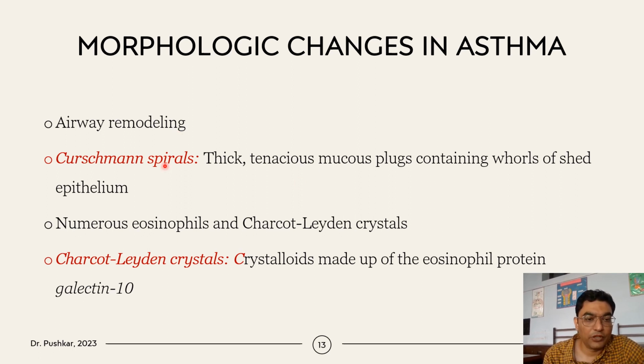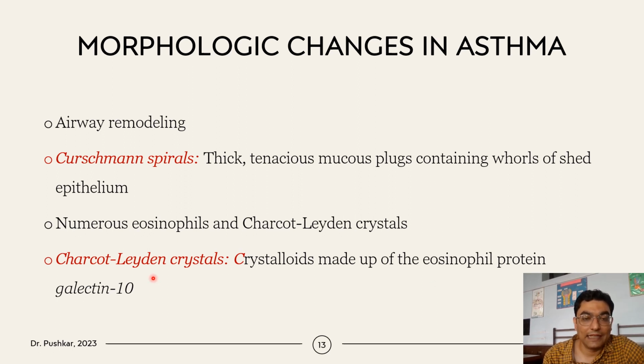Now some very important points are here, such as Curschmann spirals which are formed, and these are thick tenacious mucus plugs which contain whorls of shed epithelium, and there are numerous eosinophils, we saw them, as well as there is formation of Charcot-Leyden crystals. Okay, so the Charcot-Leyden crystals, what are these? These are crystalloids made up of the eosinophil protein galectin 10.